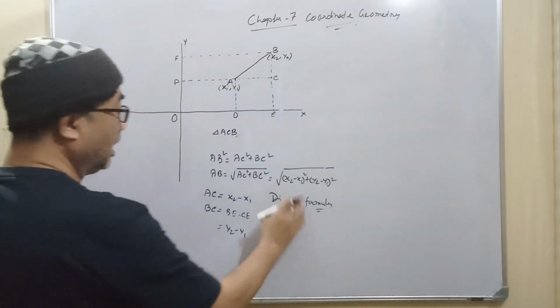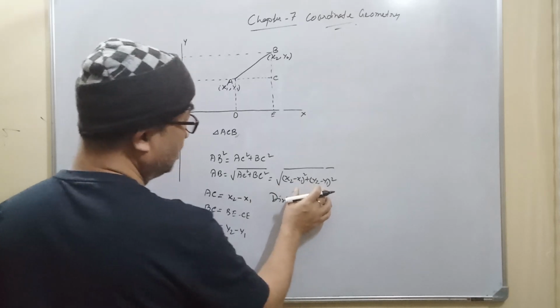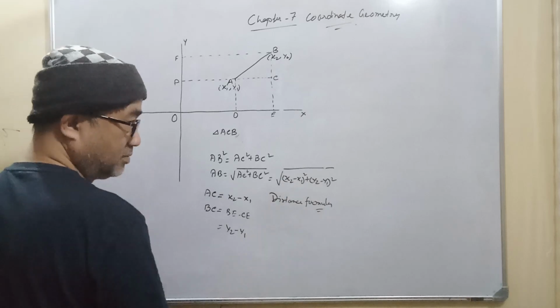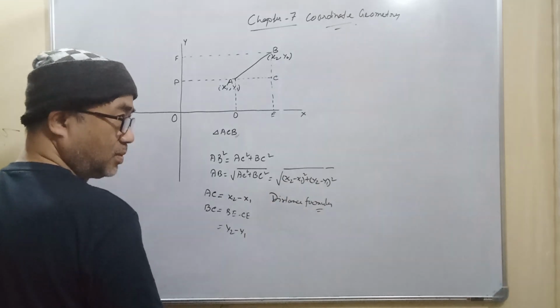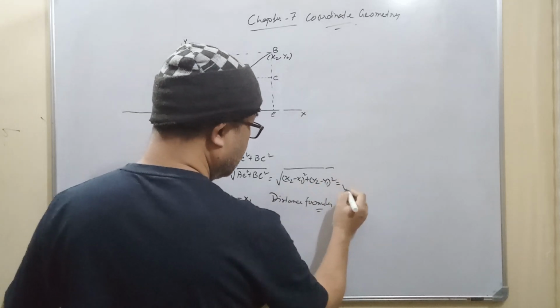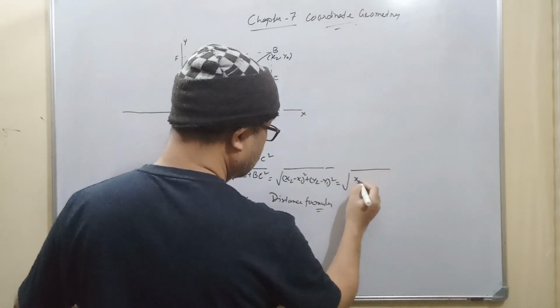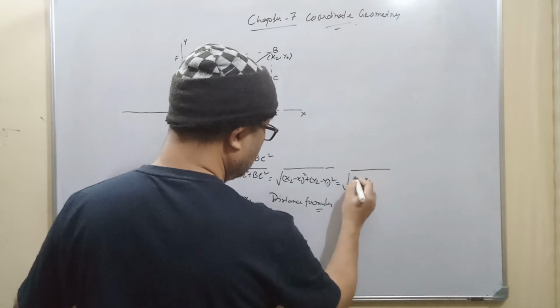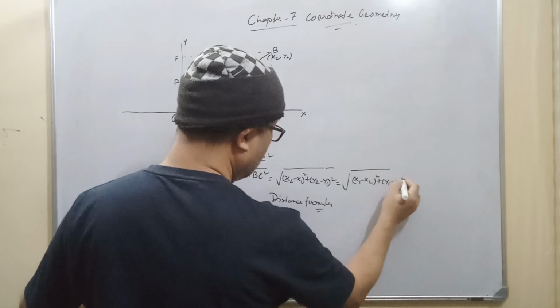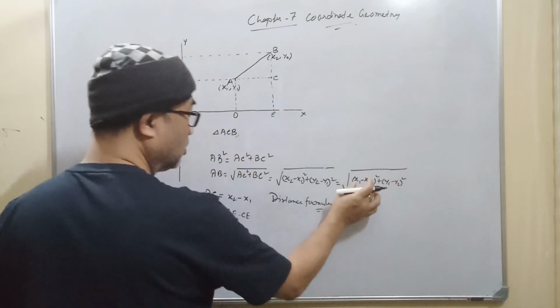Distance between any two points can be obtained like this if you know the coordinates of the 2 points. Here is one more important thing. This formula can also be written as x1 minus x2 whole square plus y1 minus y2 whole square, because the order does not matter here.